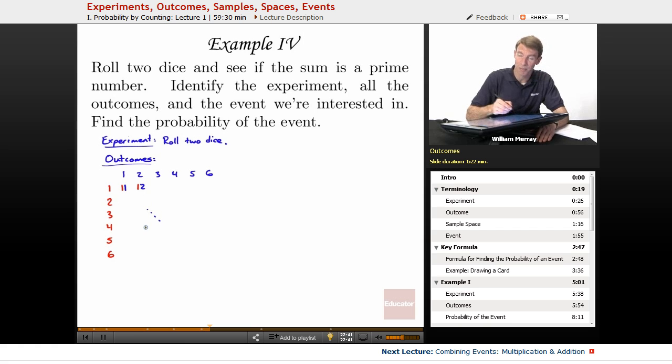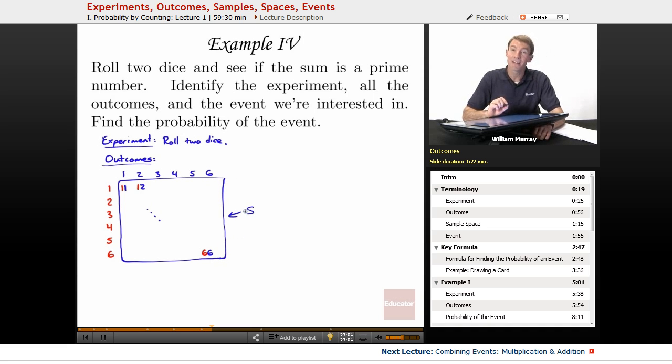There are 36 possible combinations, all the way down to red 6, blue 6. And so that's my set of outcomes. That's my sample space there. 36 possible combinations there. This is S.